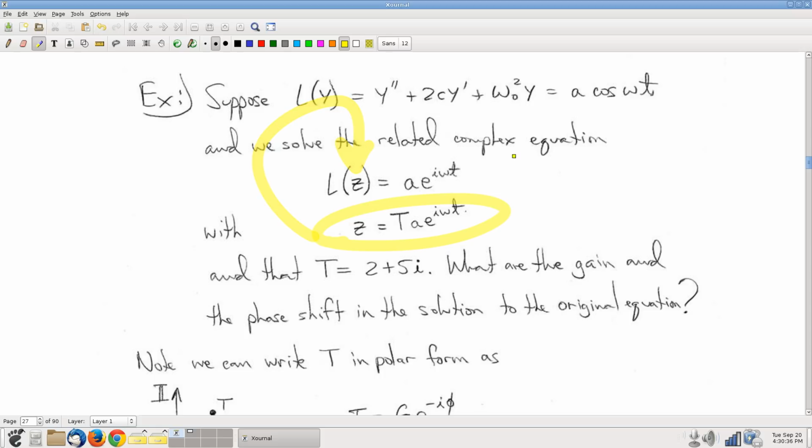You plug that in, see what the differential equation turns into, and you can solve for t. And let's just suppose there's a bunch of arithmetic in there. Students should be prepared to plug in and see what kind of numbers you get out. Let's suppose that the number that comes out is this number here, 2 plus 5i. So what are the gain and the phase shift that result here in this original system?